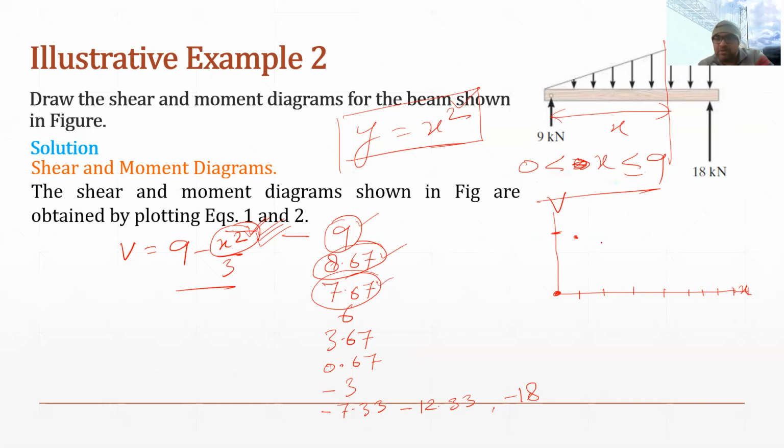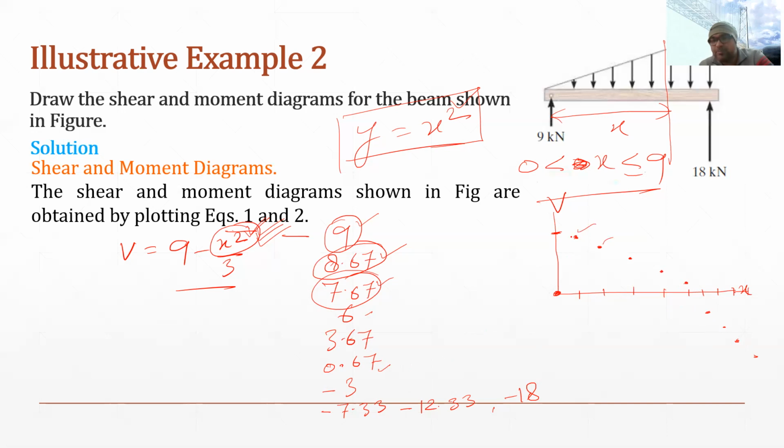Similarly, for 2, it will be here. For 3, it will be here. For 4, something here. For 5, somewhere here. For 6, here. For 7, here. For 8, here. And for 9, something here. So now we have these points.